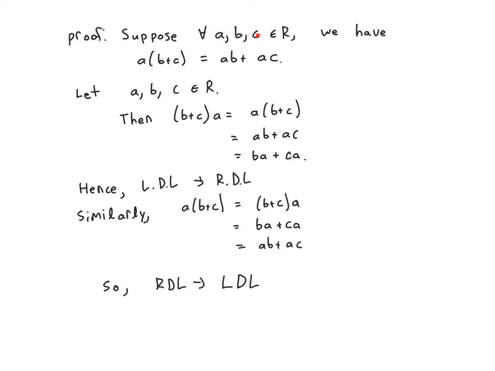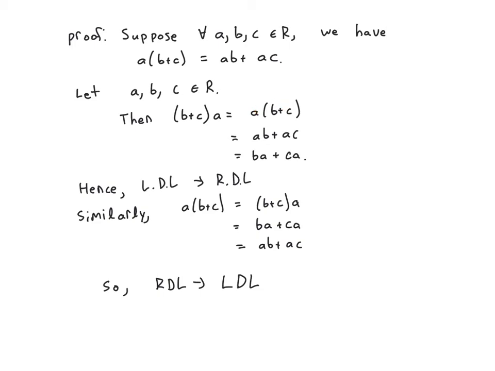Suppose you've got three elements in your ring, and we're going to assume A times (B plus C) is equal to AB plus AC. So it's not a ring yet, it's just a set, and we're just assuming this property holds. Well, now let's look at what happens when I compute (B plus C) times A. By commutativity, I can move the A to the other side.